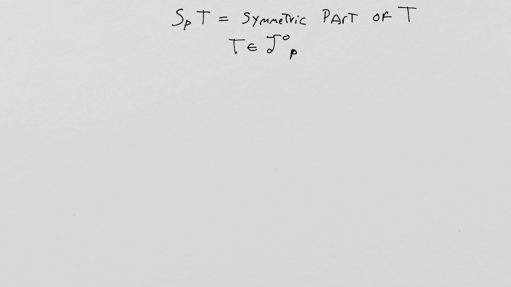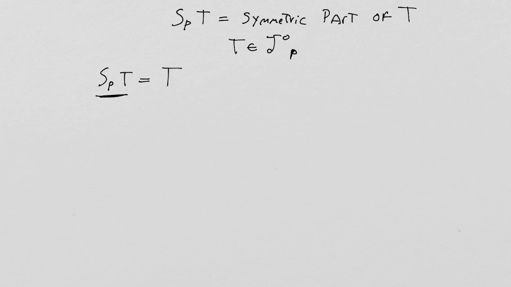It could be a (P,0), but it has to be completely covariant or completely contravariant for what we're doing here. And so the symmetric part of a tensor T will represent the general tensor, but in a particular basis, it will look like this.